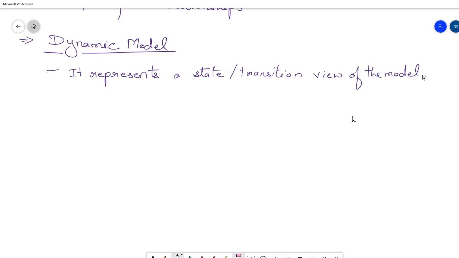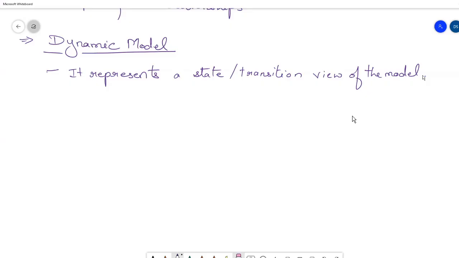Now in this, we would be talking about states, transitions between states and events to trigger transitions. What was the event that has changed the state from one to another? How the transition took place. So these will be the main concepts behind the dynamic model.